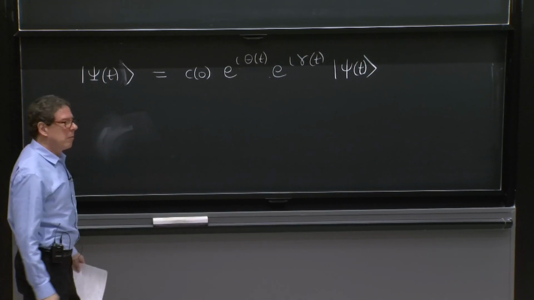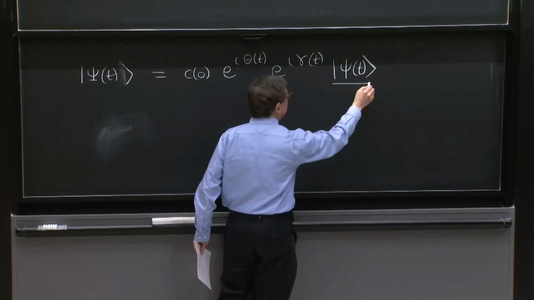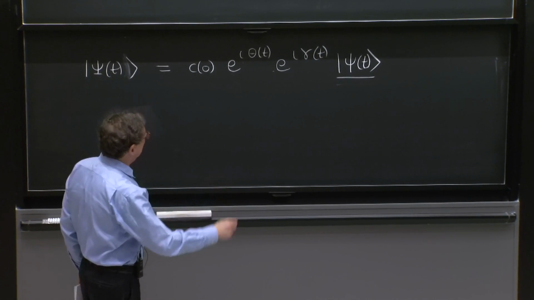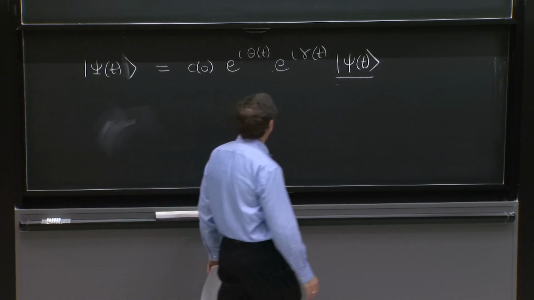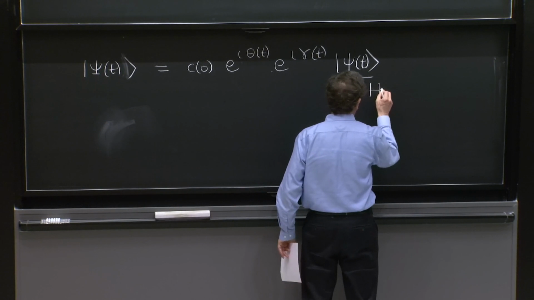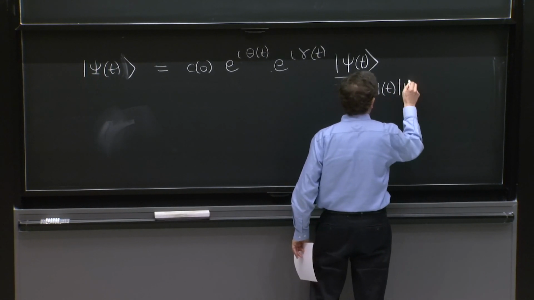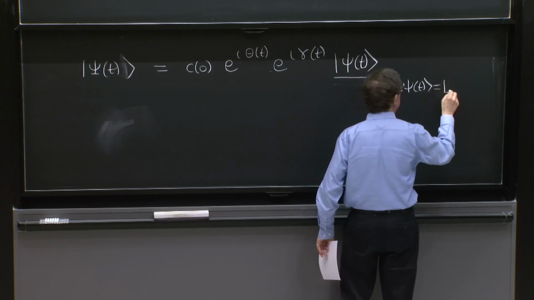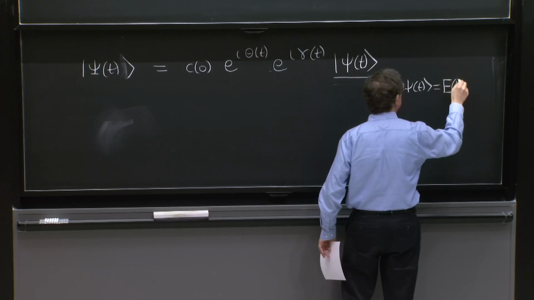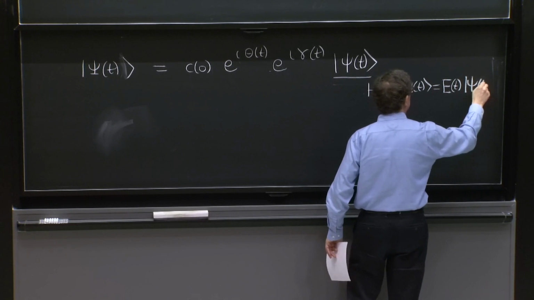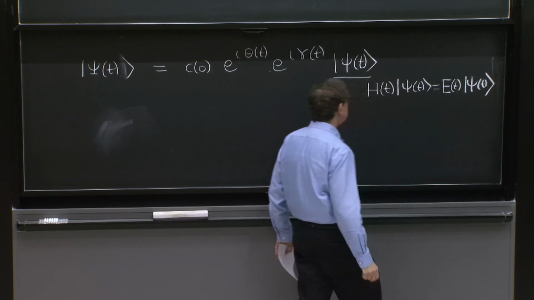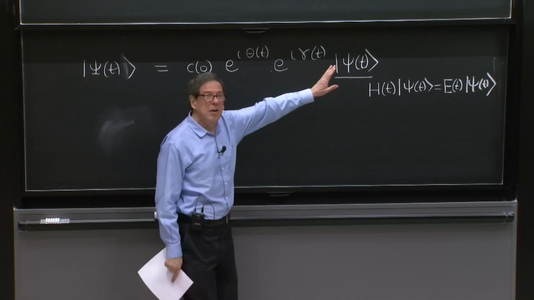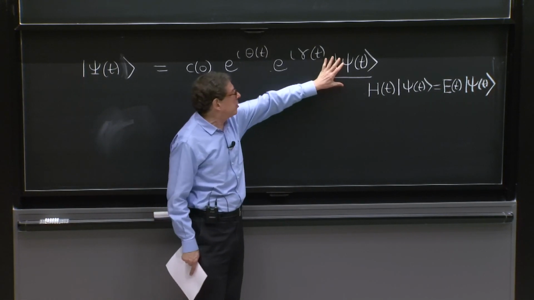And that wave function here was what we called an instantaneous eigenstate of the Hamiltonian. So H of t acting on psi of t was, at any instant of time, an eigenstate. Nevertheless, we said that these eigenstates are not solutions of the Schrödinger equation in general.